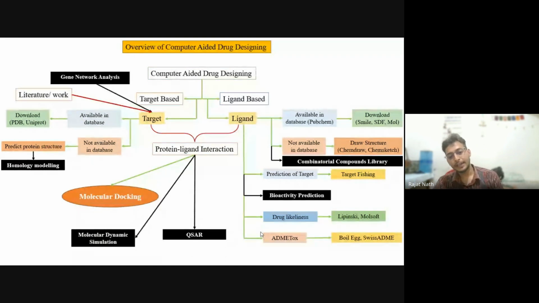Then we go for the QSAR. QSAR is the quantitative structure activity relationship. In this case, we can predict the bioactivity of this ligand. In that case, what we'll do is give a data set to the software. Like if we consider a boy in a class, is he good or bad?